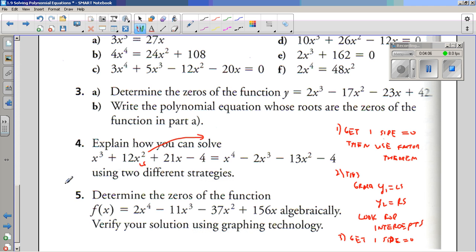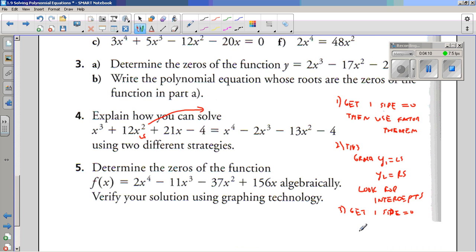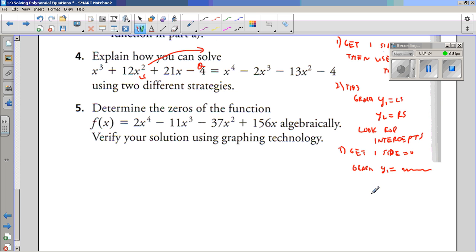Then I could graph y1 equals whatever that is, and then look for, if I put all this over to one side and this is 0, then I could graph this side and see when it crosses the x-axis. Look for x-intercepts.